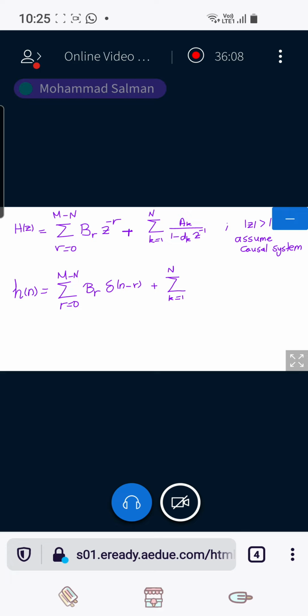Clear? So in this case, if I assume greater, it's pair number 5, sorry, and what we will have is a sub k constant times d sub k to the power n times u of n. Clear?